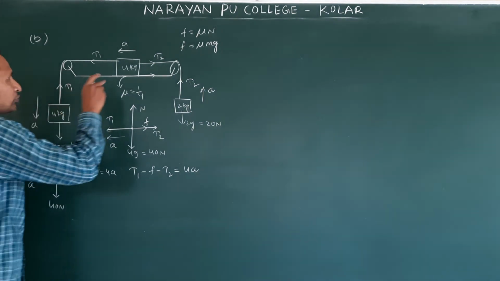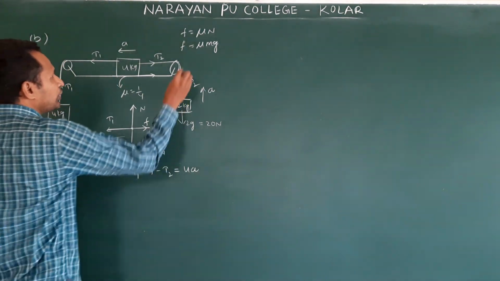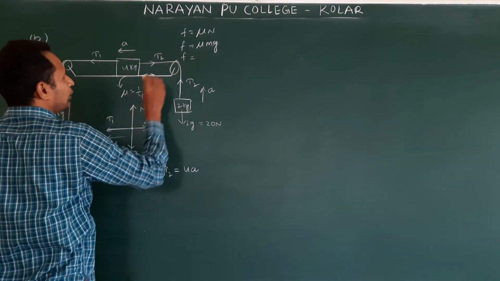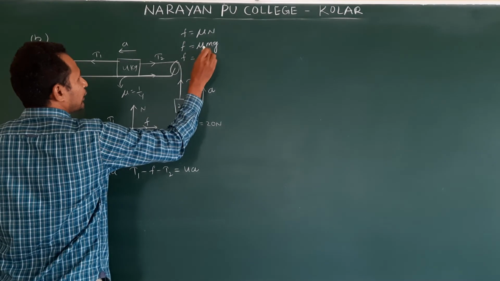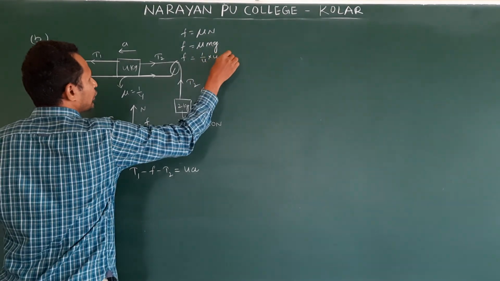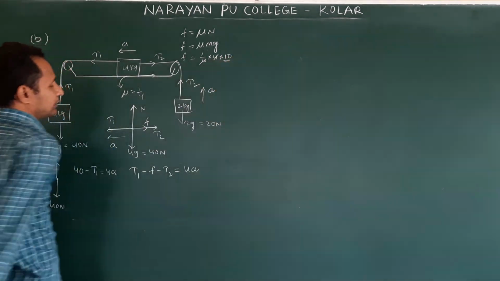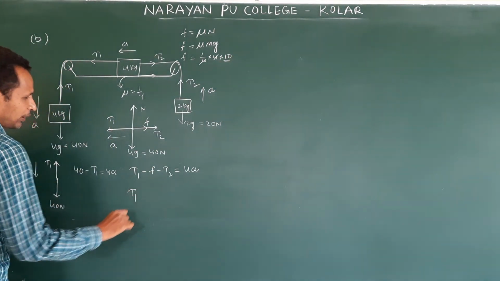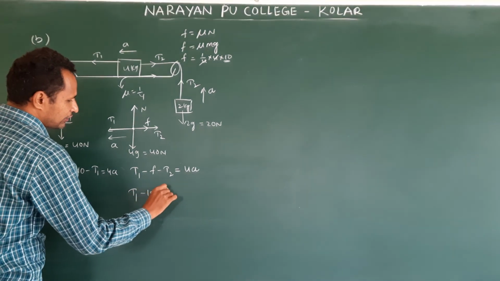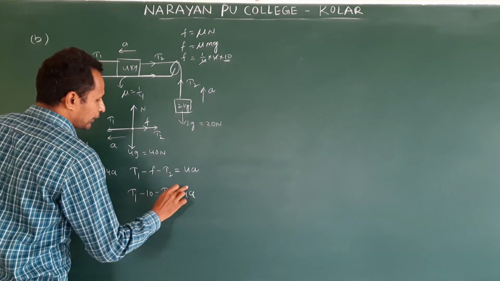Mu is 1 by 4, m is 4, g is 10. This is cancelled, so F is equal to 10 Newton. Substituting, T1 minus 10 minus T2 is equal to 4A.